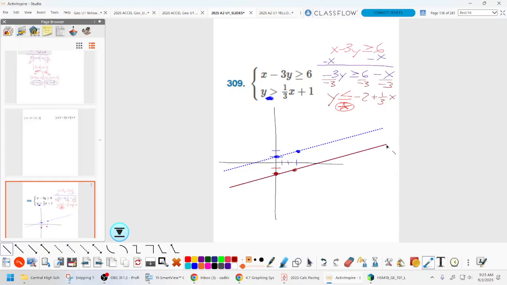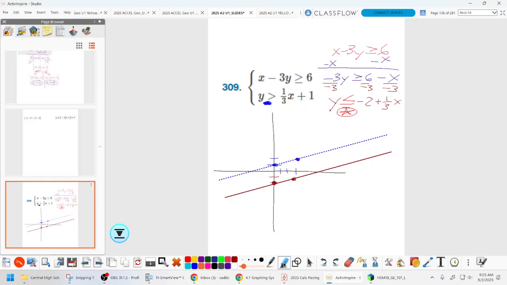Now, if you notice, these have the same slope, so this means they'll never cross. So where do we shade? Let's use words like above or below. So blue one, where do we shade? Above, red one, below. So this is kind of weird because we don't have any places where they're both true at the same time. In other words, they never overlap.